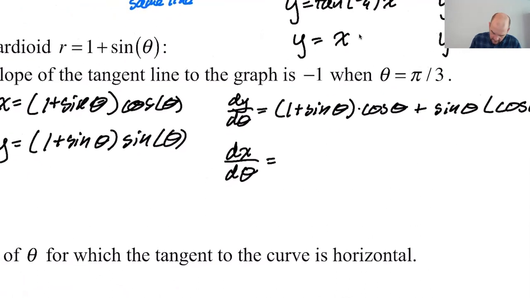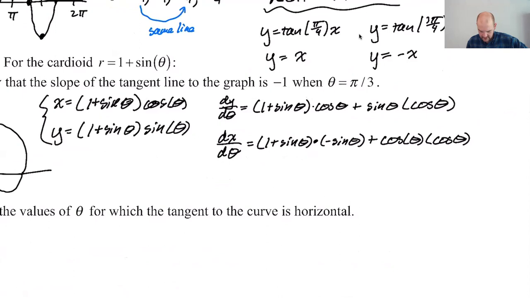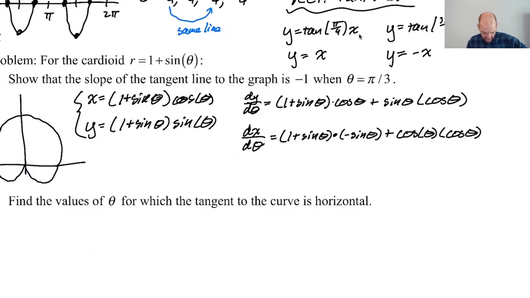So first, this is where you can see the structure of it is almost identical. Derivative of the second is negative sine of theta, and then plus second, which is cosine, and then derivative of the first is cosine. So there's work that you could do to simplify this if you wanted to.